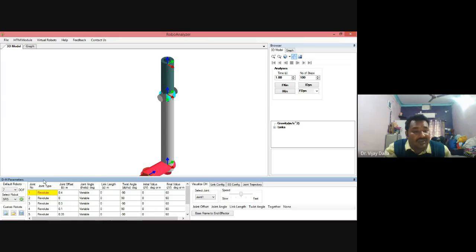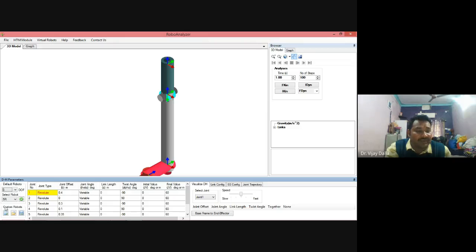So this was a little bit about DH parameters, and you can see here there are a number of default robots, like 1 degree of freedom, 1, 2, 3, 4, 6, 7, and select robot types. For 7 degrees of freedom, we only have SRS; this is the robot model name.